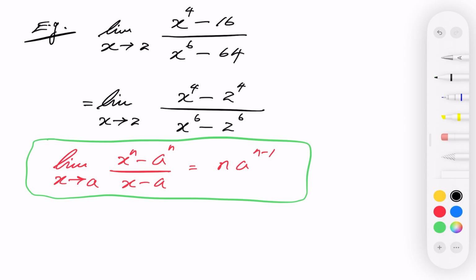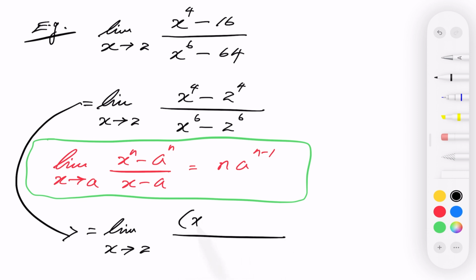This is what I'm going to do. I will continue this question this way. Limit x approaches 2. In the numerator, I have x to the 4th power minus 2 to the 4th power. That's true. In the denominator, I have x to the 6th power minus 2 to the 6th power. That's true.